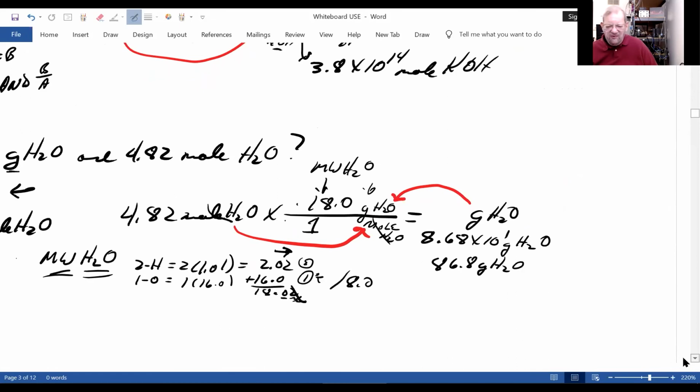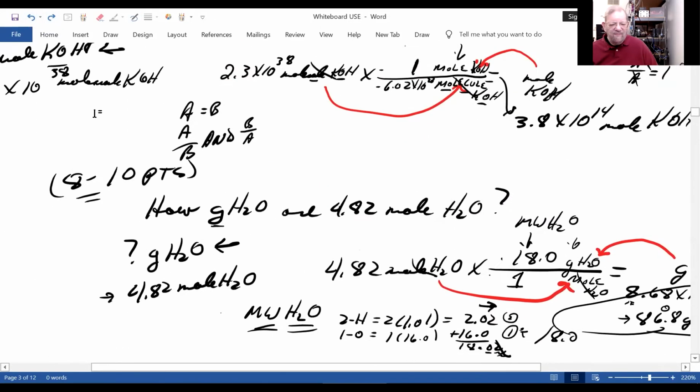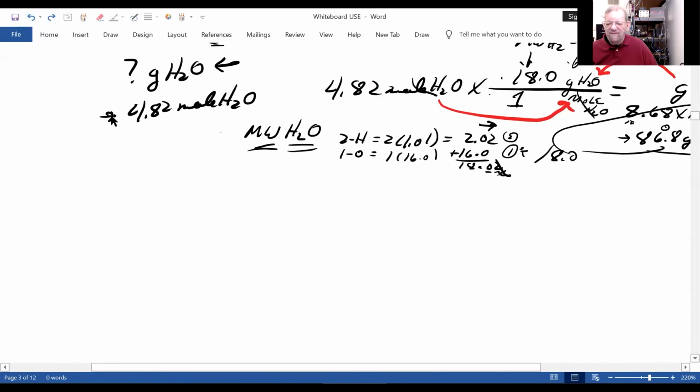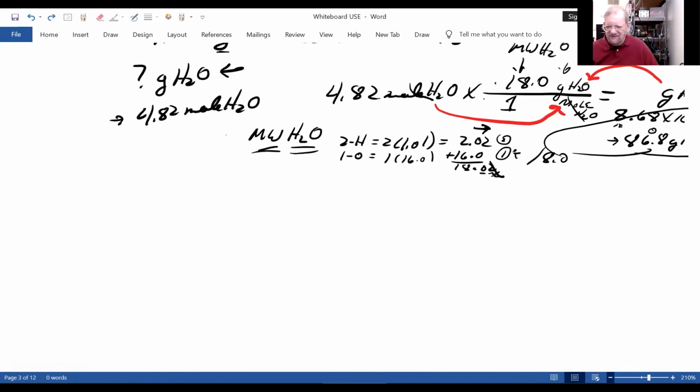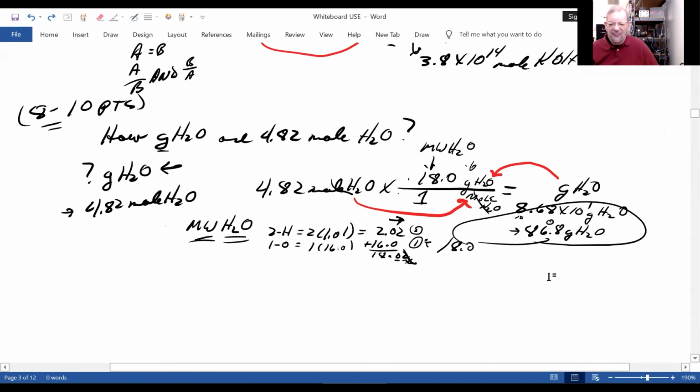And both of these would be acceptable answers for this problem. Let me make this a little smaller, and that should solve my problem. And that's how you do it.